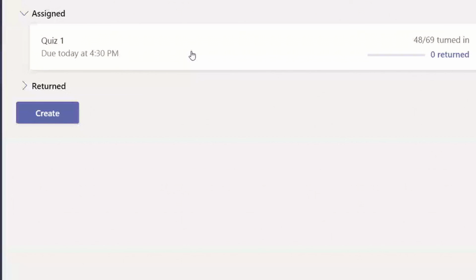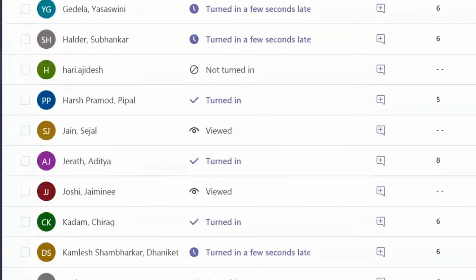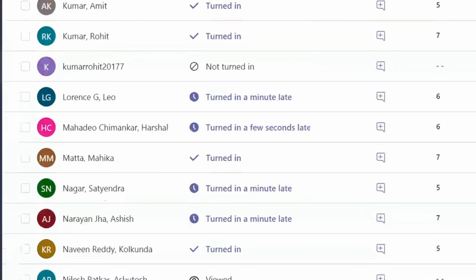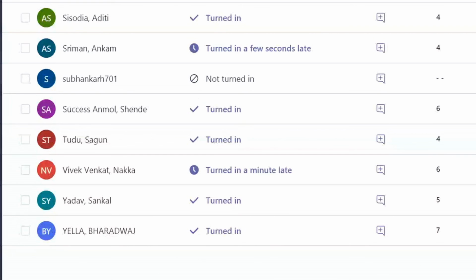Good. Many have not turned in, and those who have not turned in get a 0. Others will get it turned in a minute late. A minute is okay, but if you are making it more late, just turn it in now, and then I'm going to close it.